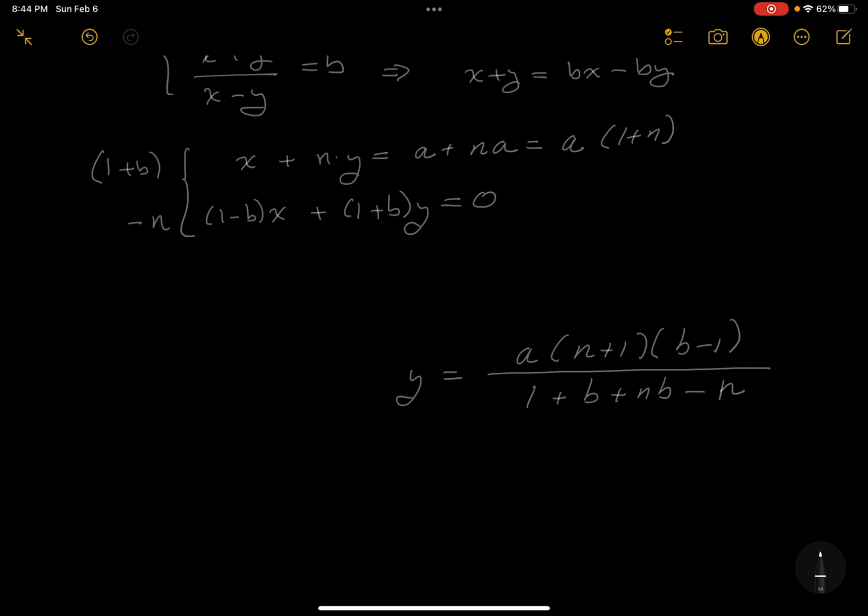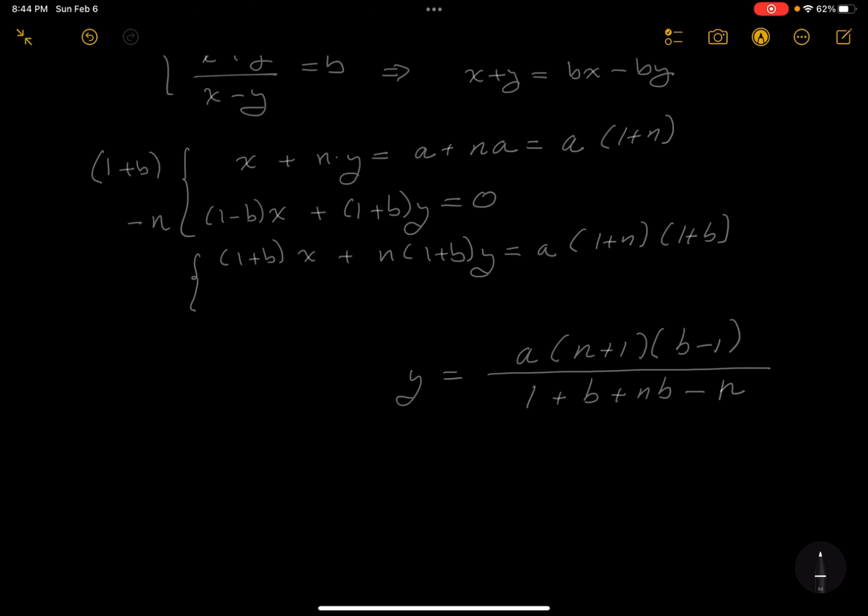All right, that's more work, isn't it? So I got to write that down. And that's going to be 1 plus b x plus n 1 plus b y equals a 1 plus n 1 plus b. I'm multiplying both sides by 1 plus b.